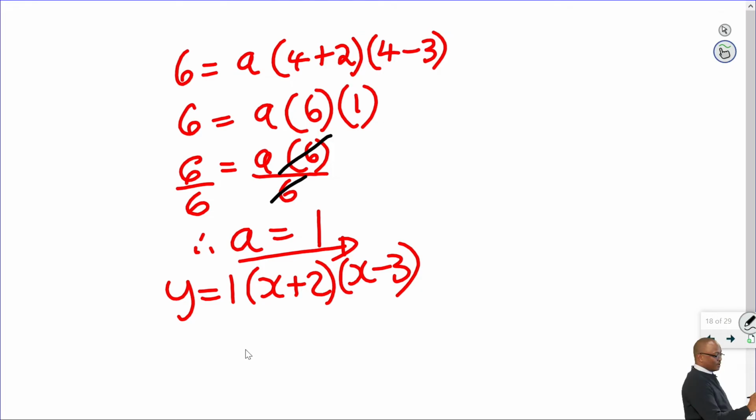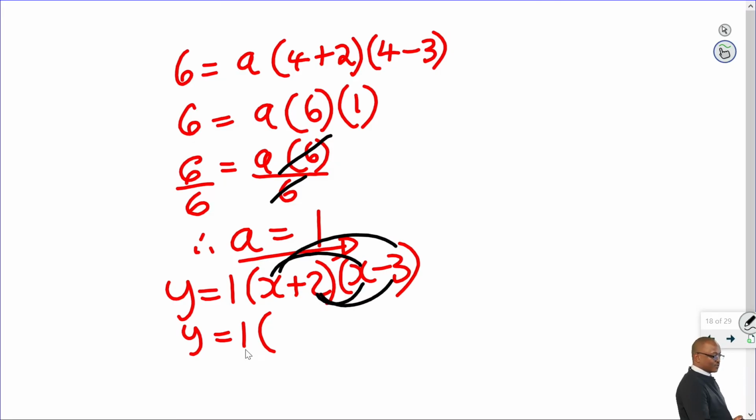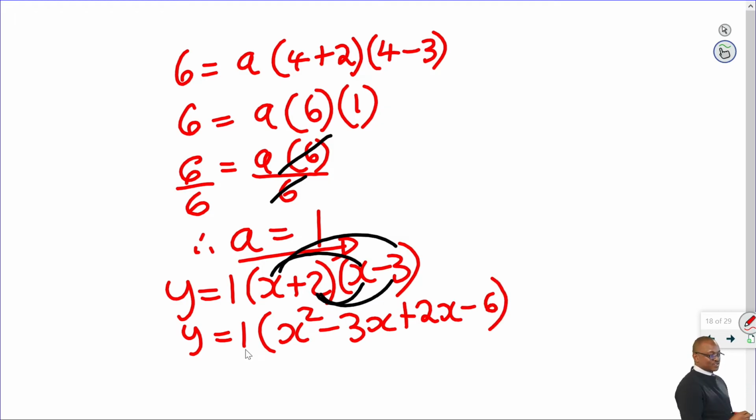As we expand, we use our FOIL method. x multiplied by x is x squared. x multiplied by negative 3 is negative 3x. 2 multiplied by x is plus 2x, and 2 multiplied by negative 3 is negative 6.